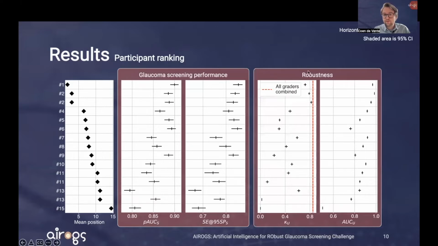And then for robustness, you can see that the best performance was almost as good as the performance of the graders. In terms of kappa, it was a bit over 0.8, and the best AUC was quite high, about 0.98.